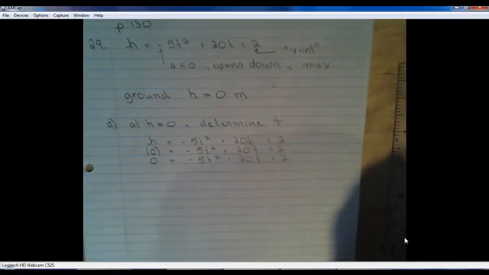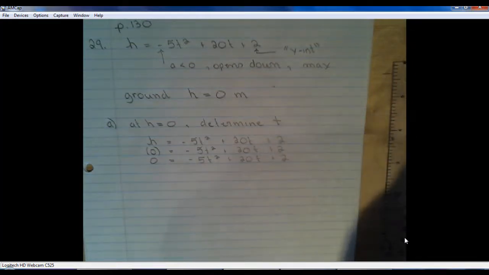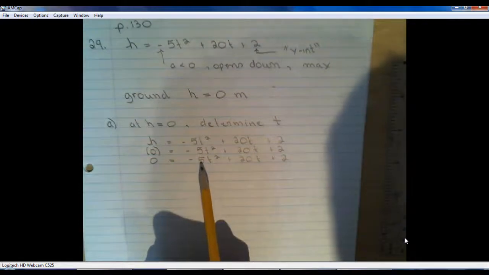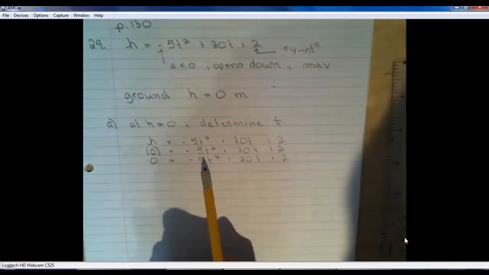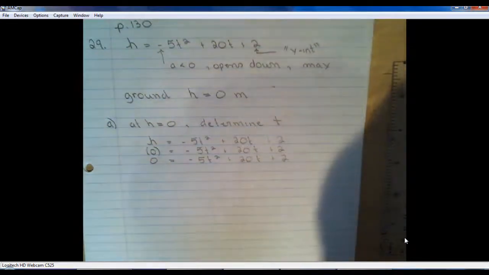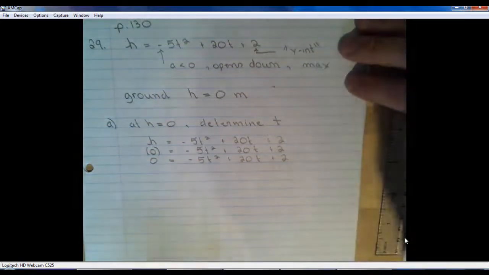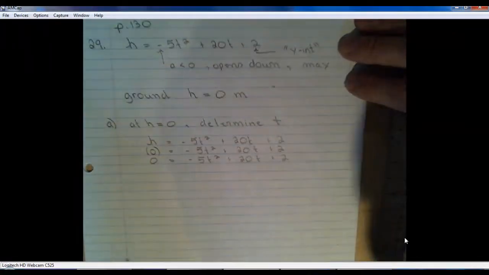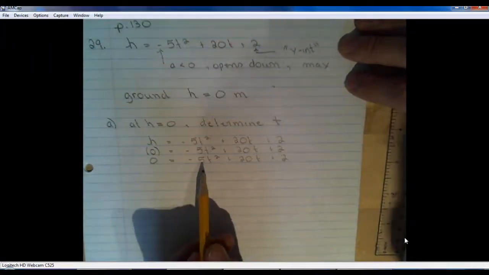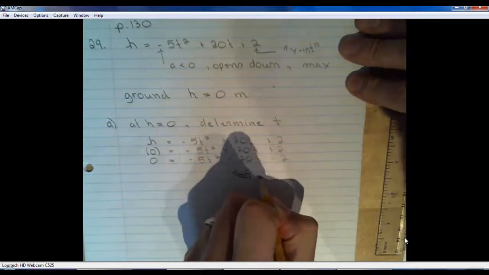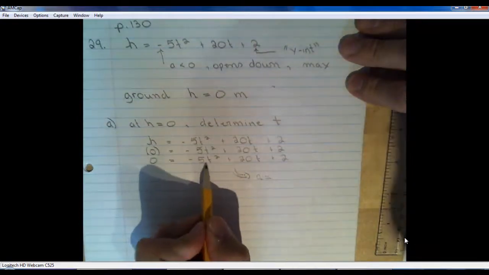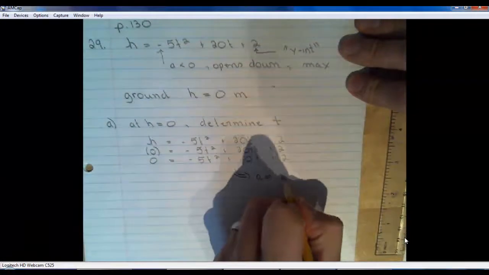And in this case, I'm going to choose to use the quadratic formula because there's no two numbers I can find that are whole to do this with factoring, and it would end up being a complex trinomial. So the easier choice, I would say, is to use the quadratic formula. So first step for the quadratic formula is we have to determine the a, b, c values that go into it. And for this particular quadratic, a here is the value in front of the t squared, so it's minus 5.